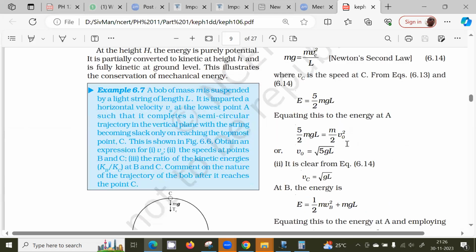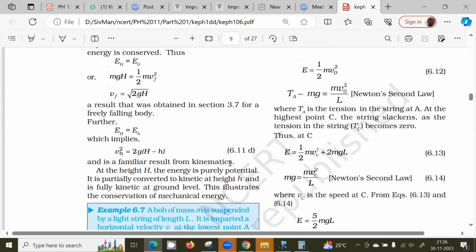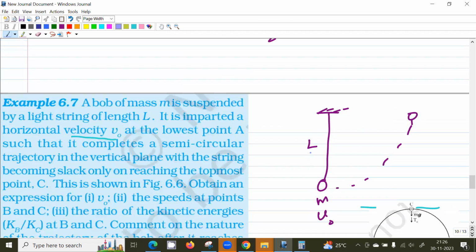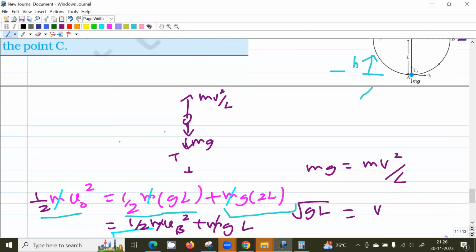Only thing is to find this velocity at the topmost point corresponding to tension being equal to 0. We just have to do this one. The force at the topmost point is mg, which is vertically downwards, and this centrifugal force, which is vertically upwards, and the tension will be downwards. But since tension is 0, these two forces should be equal.